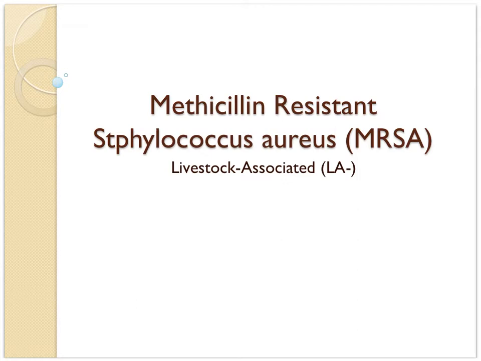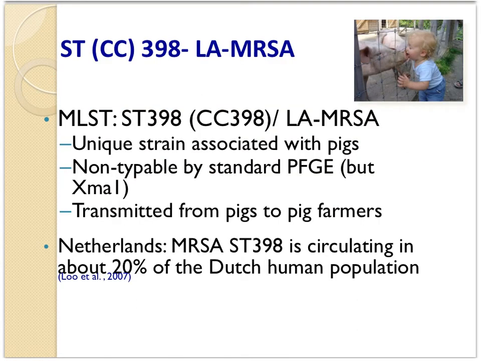So we did some study, and I'll give you some examples using the tools that we use. Sequence type, or you see CC here, is for the clonal complex. What's the difference between sequence type and clonal complex? A little quiz based on what we discussed.